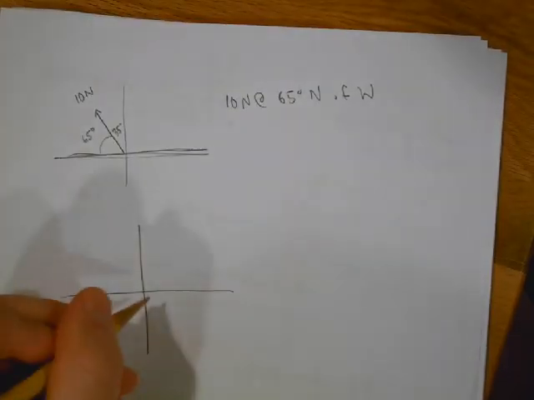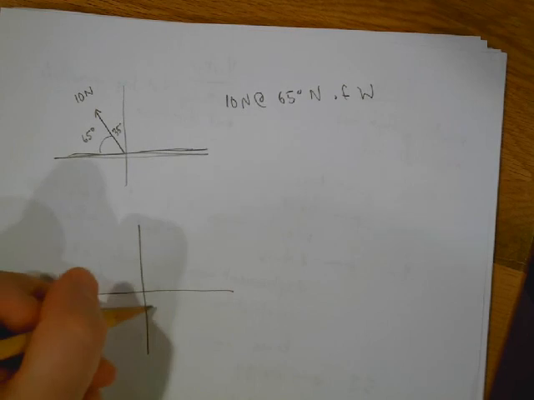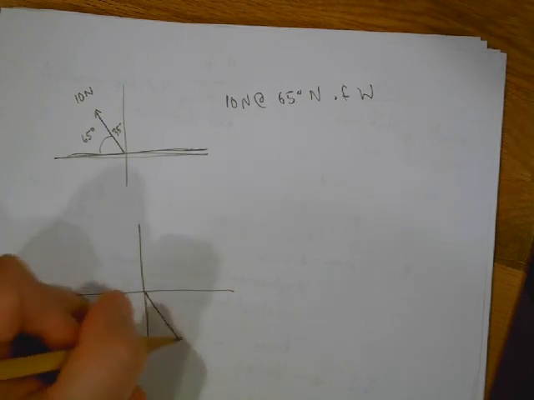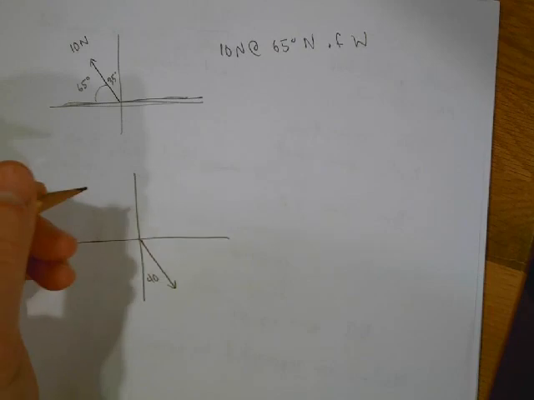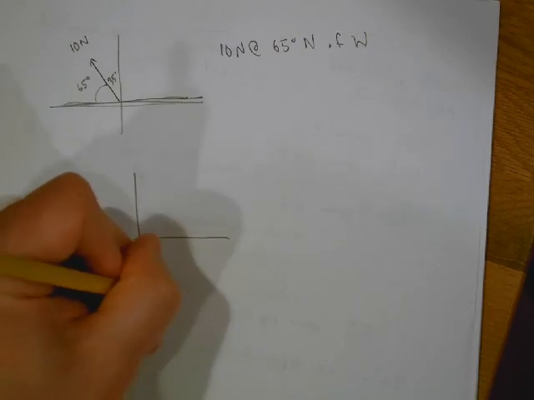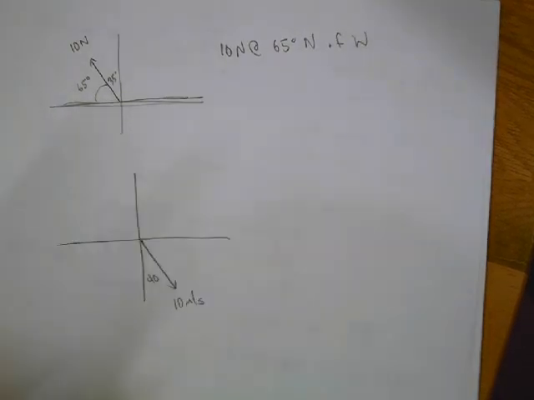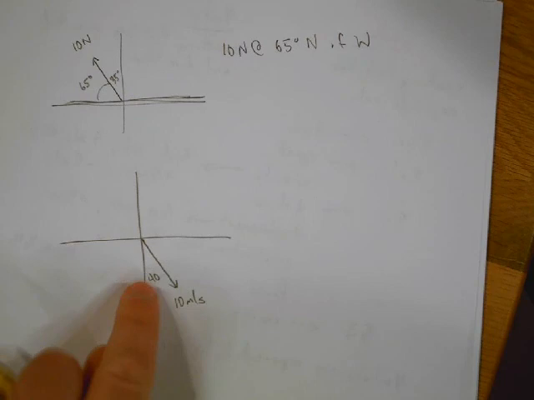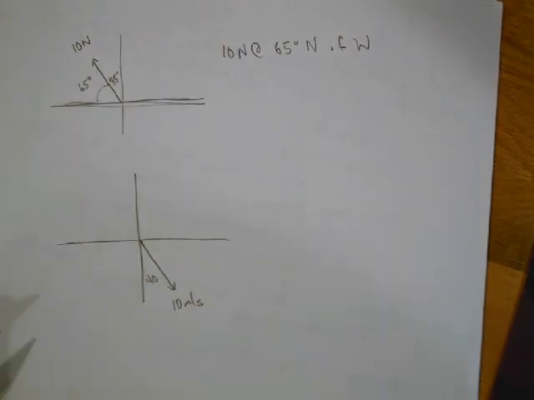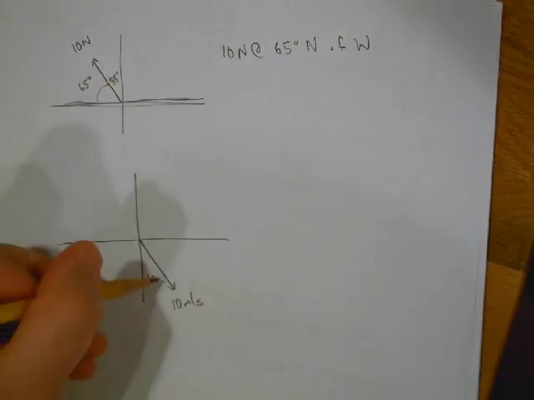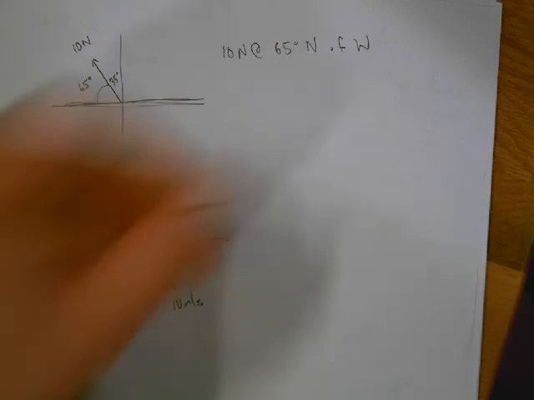Okay. Let me do one more example, and then you guys are going to practice this a little bit. Let's say we had, I don't know, this here, where this was 40 degrees, and this time, let's say it's a velocity vector, so we're going 10 meters per second. Remember, if you're going 10 meters per second, that's going to be roughly double, so you're going roughly 20 miles per hour.